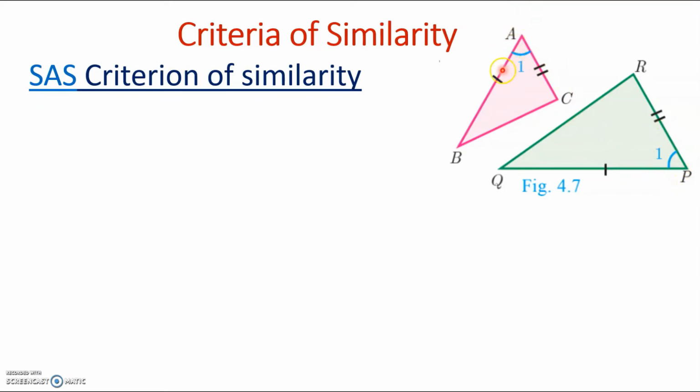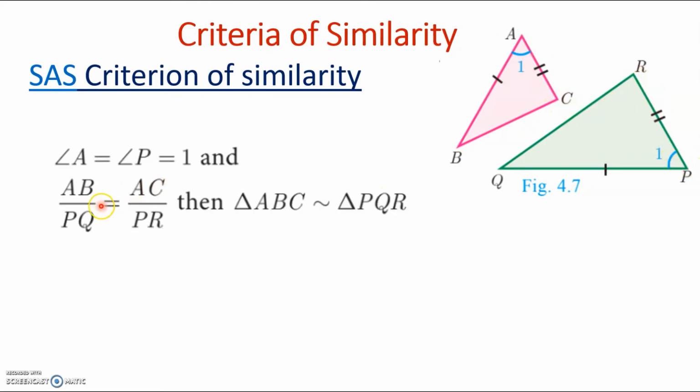Then, if the ratio of AB over PQ is equal to AC over PR, then these two triangles are similar triangles.